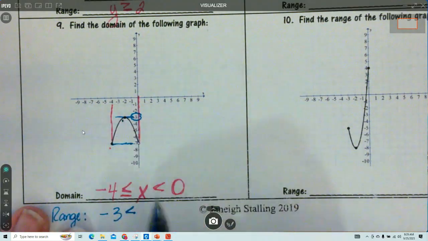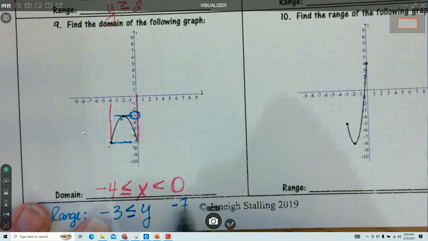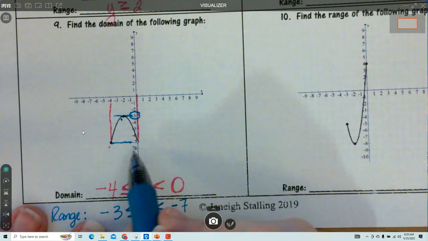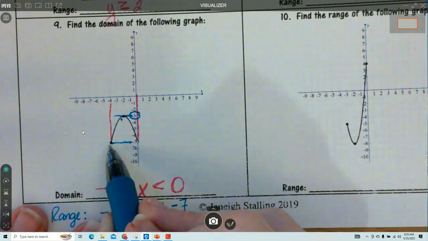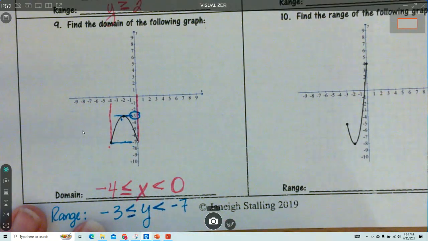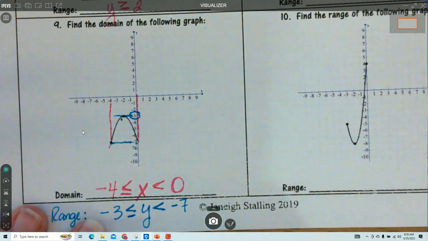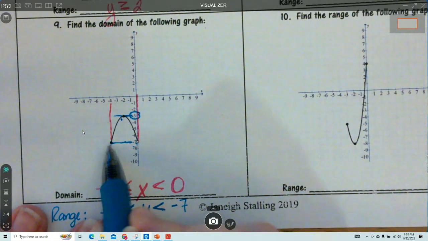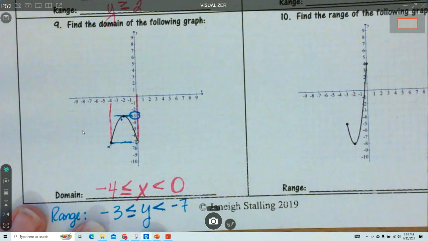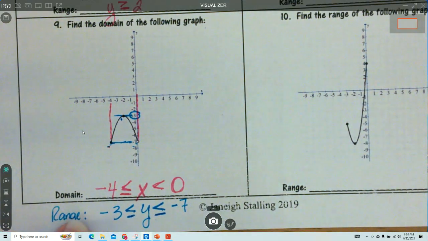The dot's in the middle of the graph, so it gets the line underneath it. This is range, so it's y. And then we said my smallest value is a -7. Does this sign get a line underneath it? But I got an open circle there, so who do you think wins in that case? A solid dot or an open dot? Solid dot wins. So if you have 2 points like this at the same value, solid dot always wins. If they're both open, no line underneath it. But if one's solid, it gets the line underneath it.